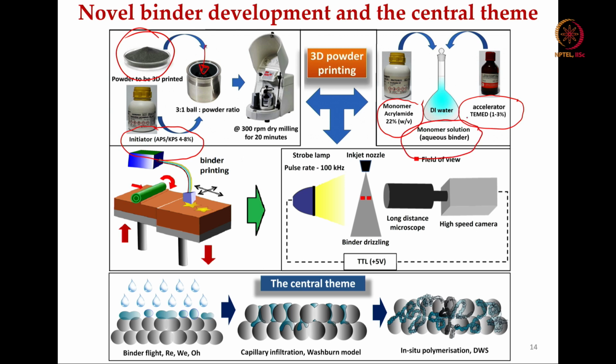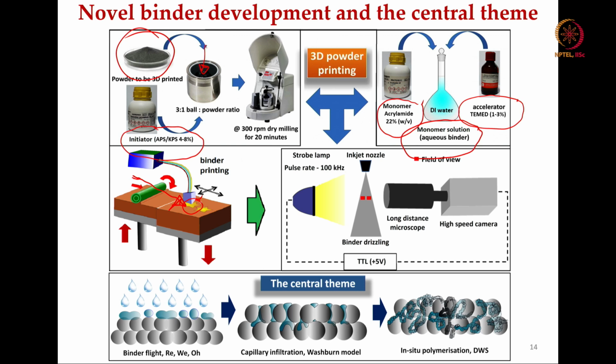This monomer solution is now injected into the powder layer on the build bed. Each time the printer head displaces from the feed bed to the build bed, the binder impacting and infiltration is synchronized.